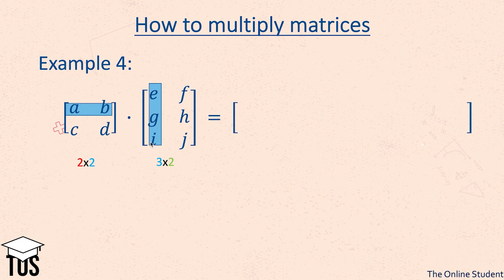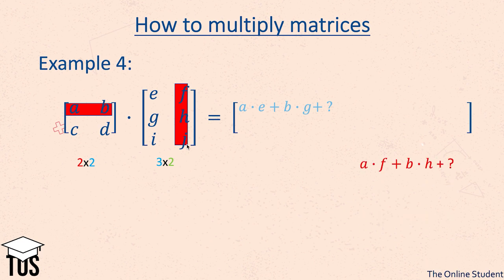But we have no element left in this row to multiply with I. So what do we do with this last element here? I don't know. When we are taking a look at the first row of the first matrix and the second column of the second matrix, again, we can multiply A by F, we can multiply B by H, but we can't multiply any element with J, so we don't know what that term will be.